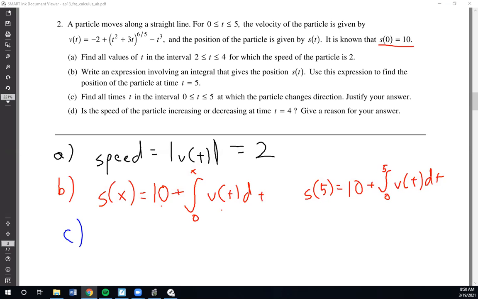It changes direction when v of t changes sign. So when v of t changes from positive to negative or from negative to positive. And we'll probably be specific about which one that is. So we'll say v of t changes from negative to positive here, and it changes from positive to negative here. That's part C.